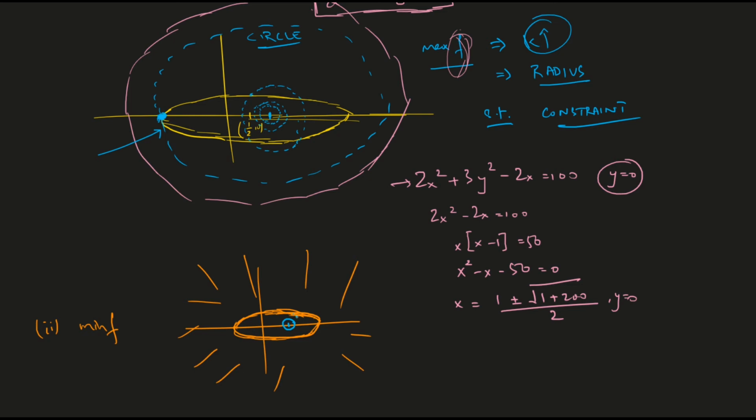And to do that, I would have to get to a point where the circle and the ellipse are tangent. So tangency is what is critical here, right? As you keep on growing the radius of the circle, it would finally touch the ellipse at one point.